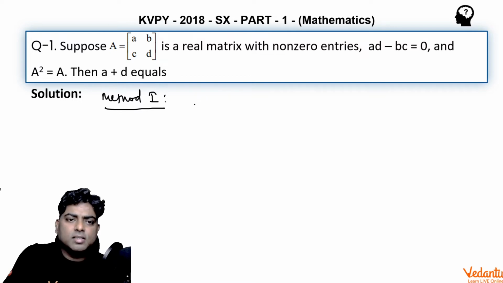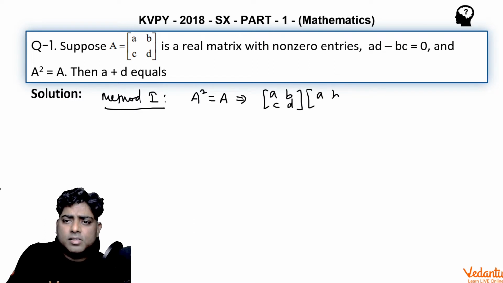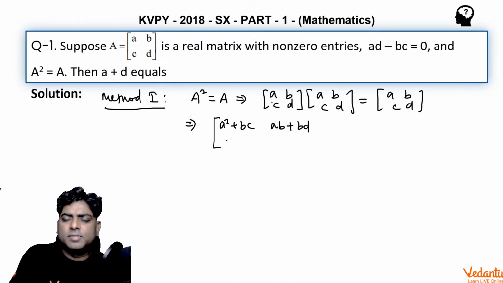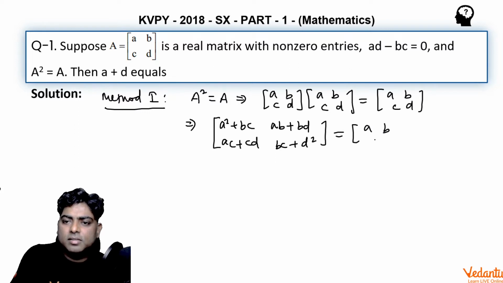I'm just considering the easiest approach, finding A square, and A square is equal to A, which means the matrix ABCD times ABCD is equal to ABCD. Multiplying out the left hand side, the first row and first column is A square plus BC, then AB plus BD, then second row and first column AC plus CD, then second row and second column BC plus D square, is equal to ABCD.